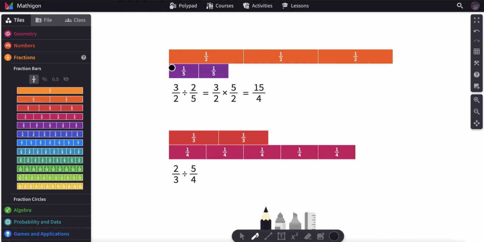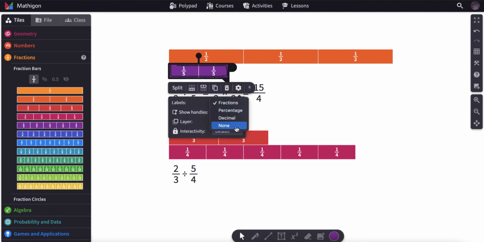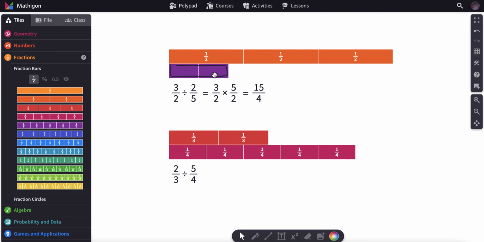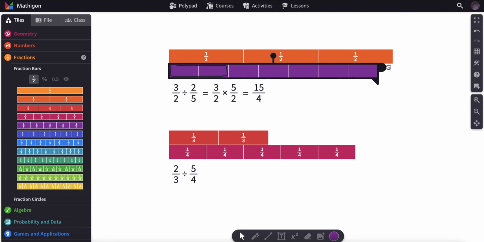So we're asking ourselves, how many of these pieces here, right here, fit into 3/2? This is our 3/2 here. And again, to get rid of the confusion, we're going to get rid of the fraction here so that we're just seeing how many of these pieces. And we can see that you get at least 3 pieces here, but not a 4th piece.